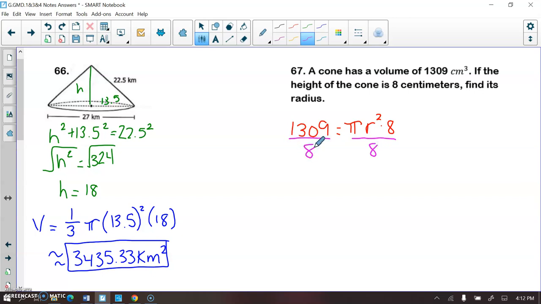So I have 1,309 divided by 8, which is 163.625. I'm then going to divide by pi.